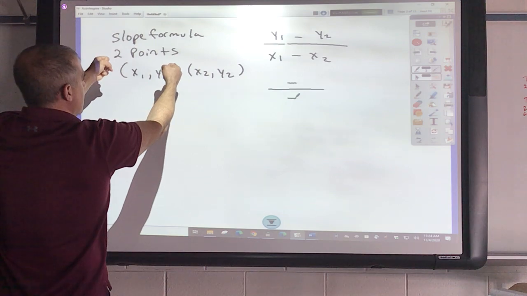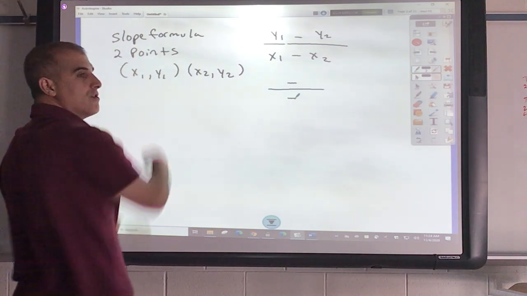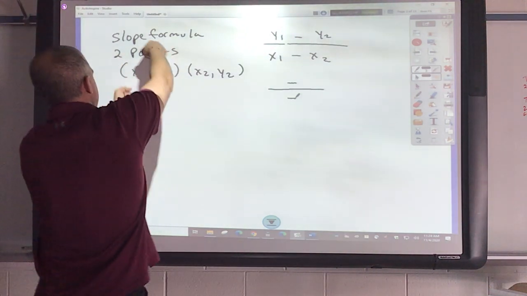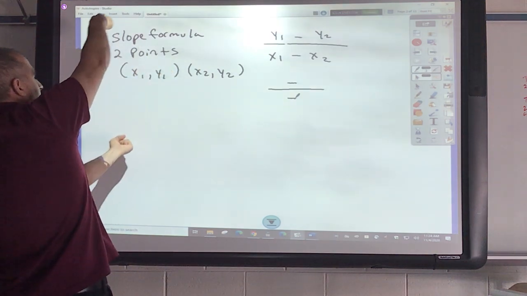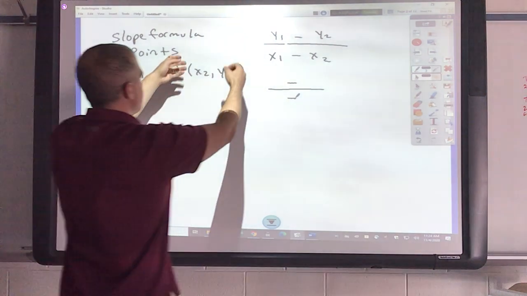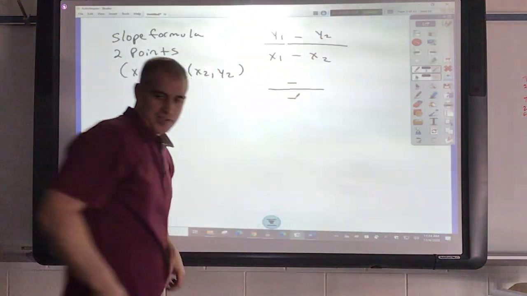When I do the slope formula, I just turn my wheel to the left. So if I turn my wheel to the left, the y1 would be at this hand and the x1 would be there. For the next part, I turn it left: y2 and x2.